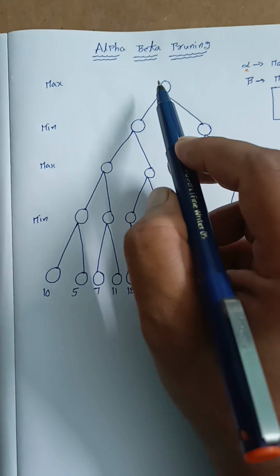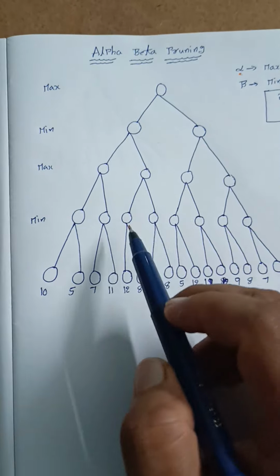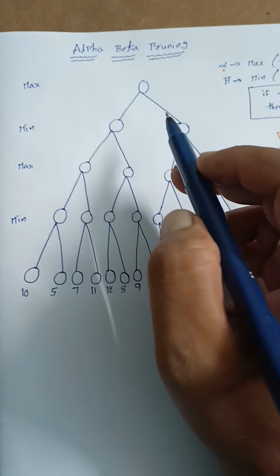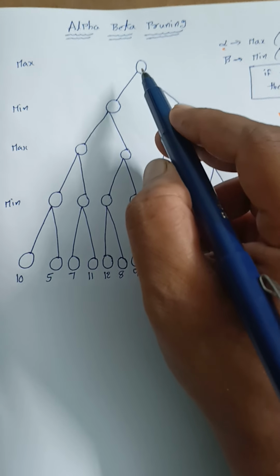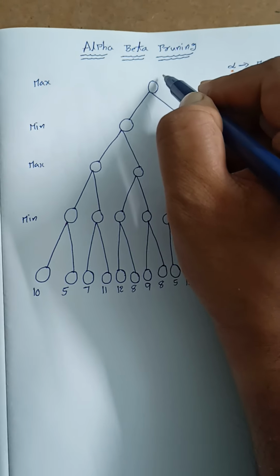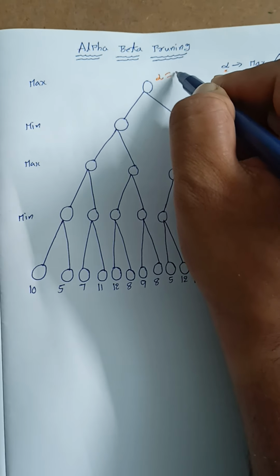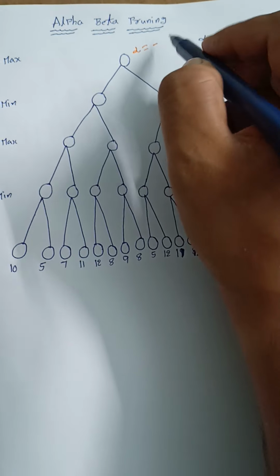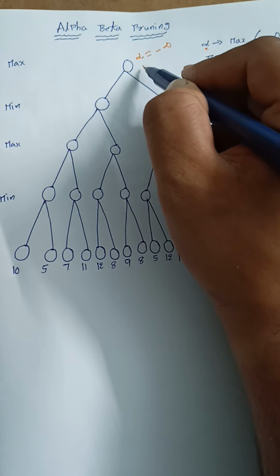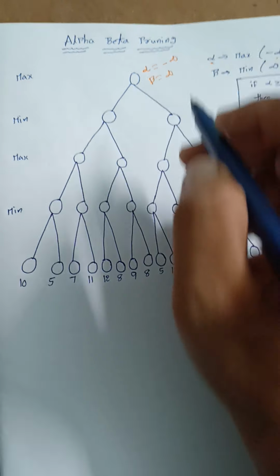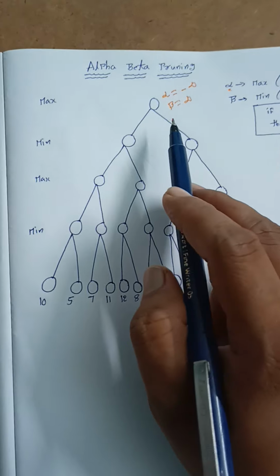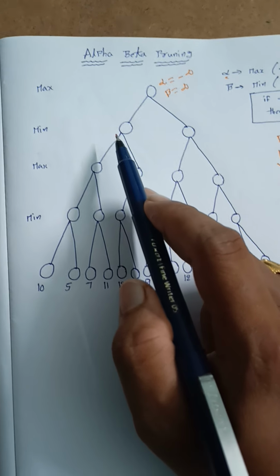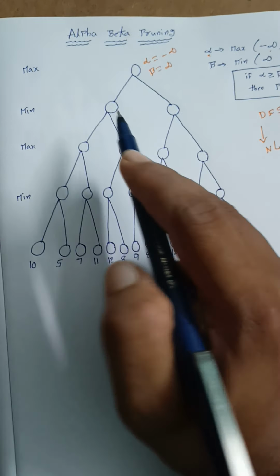Here this is level 0, level 1, level 2, level 3, level 4. Level 0 is the parent node. First we assume that alpha is equal to minus infinity, beta is equal to infinity. Now we will move to the left child because we are applying DFS.